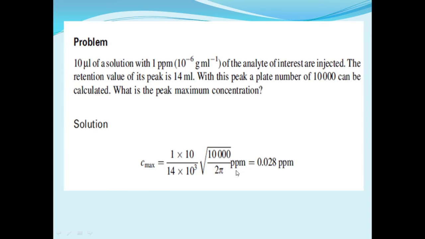This is in ppm, therefore 1 ppm, 10 raised to minus 6 gram per ml. If you solve this by using a calculator, the value of C max is 0.028 ppm, that is the concentration of the peak maximum is 0.028 ppm.